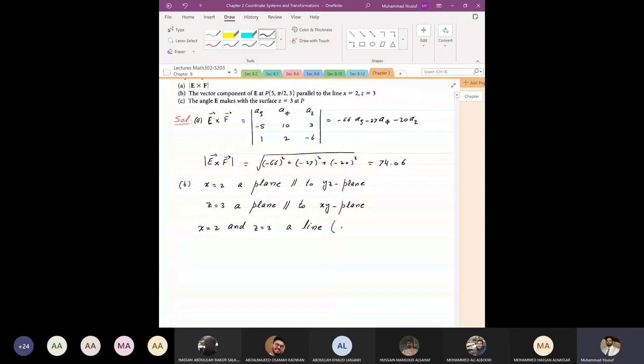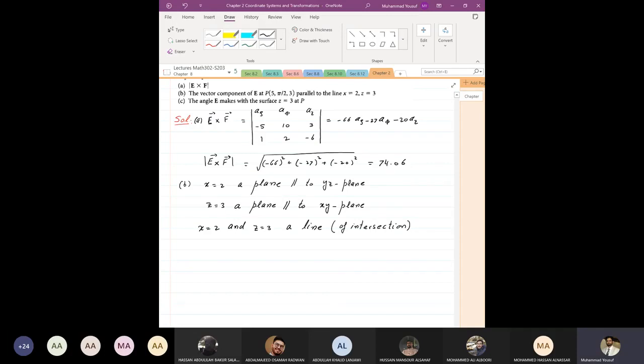Actually, it is a line of intersection of two planes. One is vertical and the other plane is parallel to the xy plane, 3 units from the xy plane.